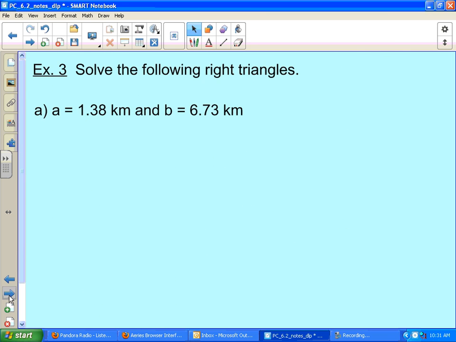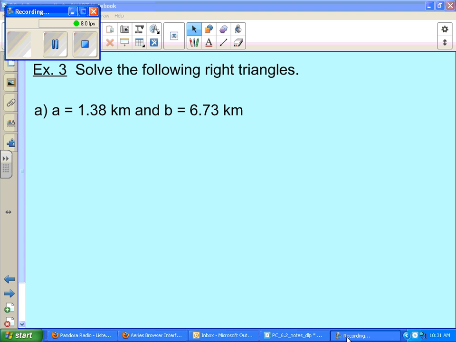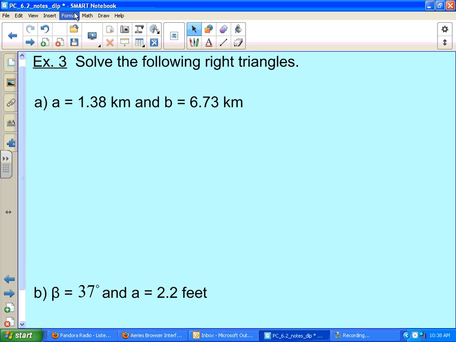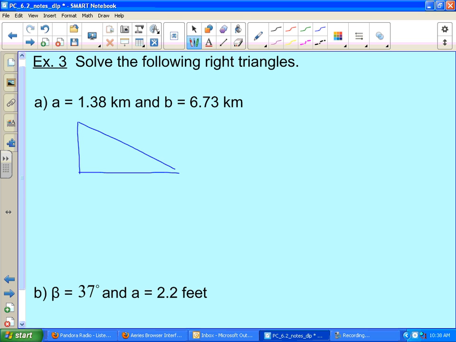Let's try this. So what's important about this? Good question from Sam. Do these triangles always lay out where this is an A, and this is a B, and this is a C? The answer is no. They're not always like this.